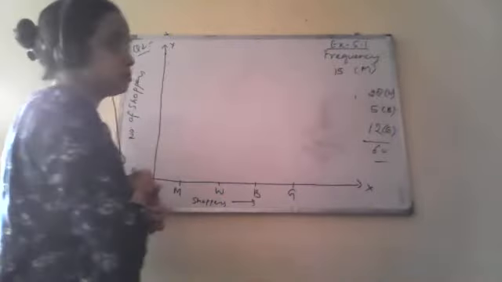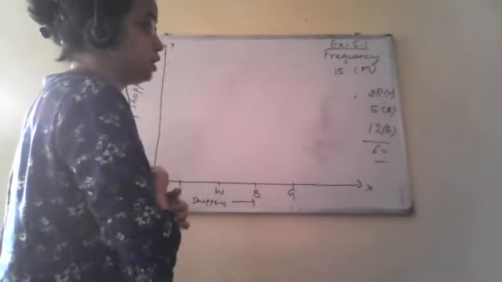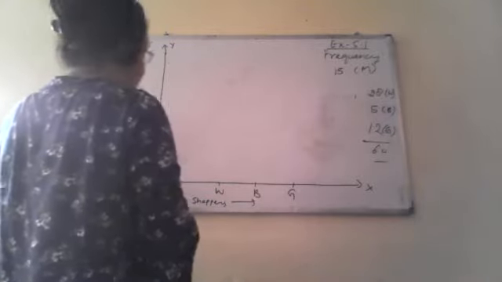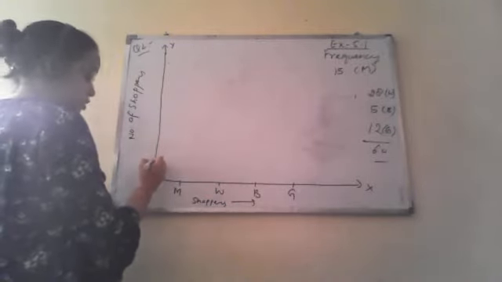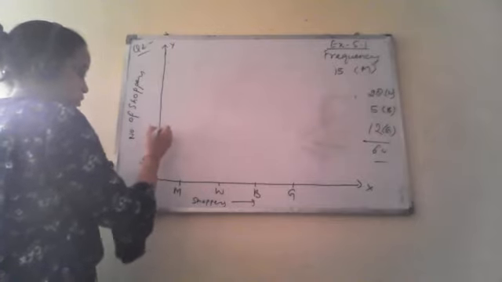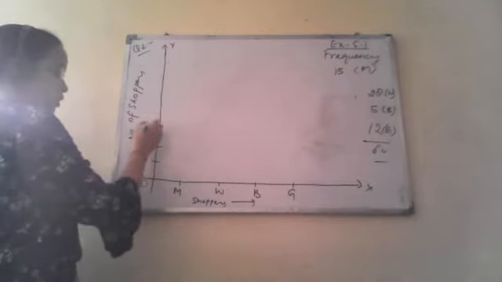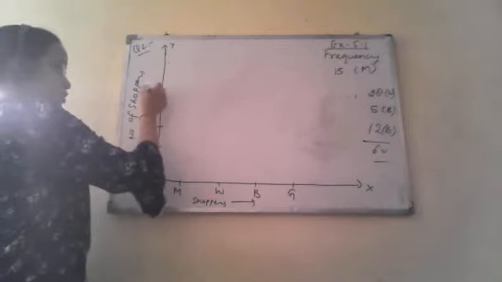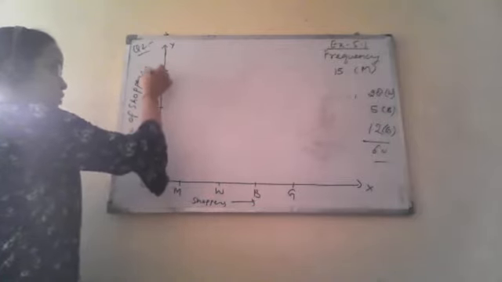The maximum number was 28. So we can take intervals like 0, 5, 10. These are 5, then 10, then 15, then 20, then 25, then 30.